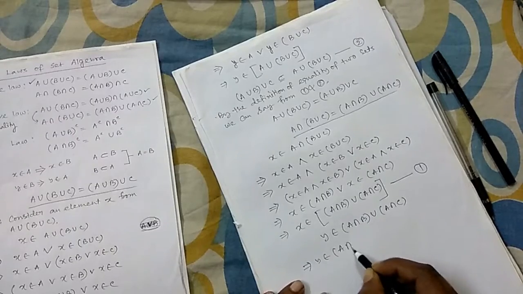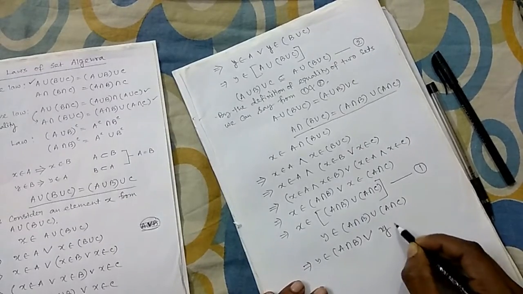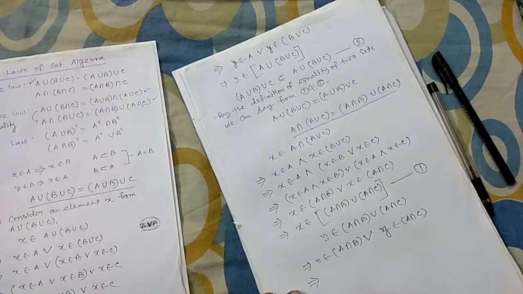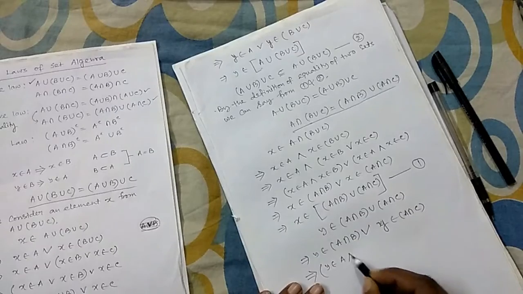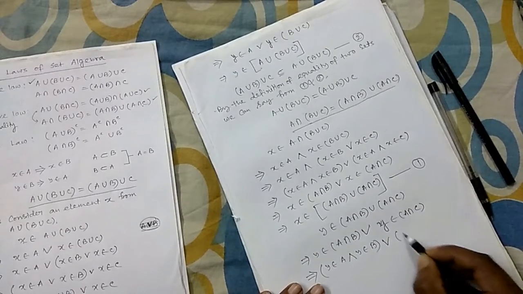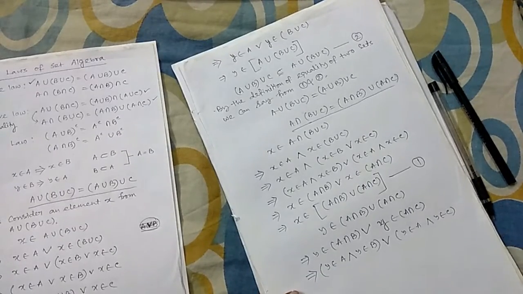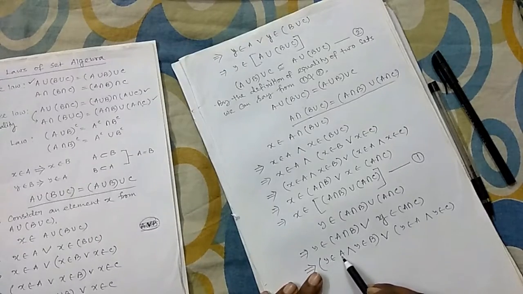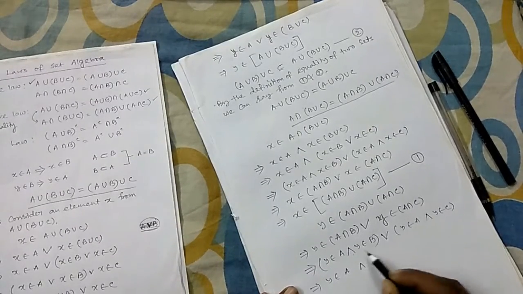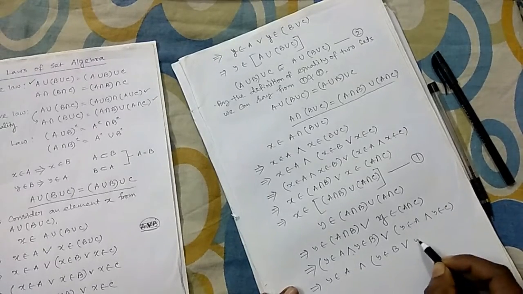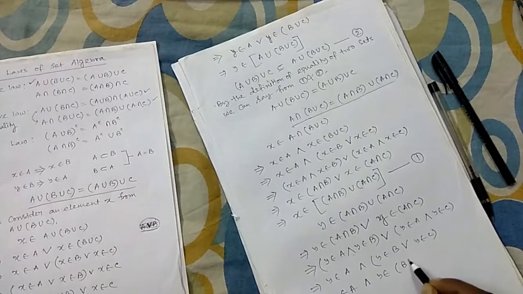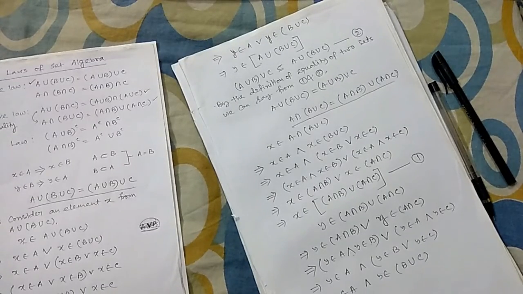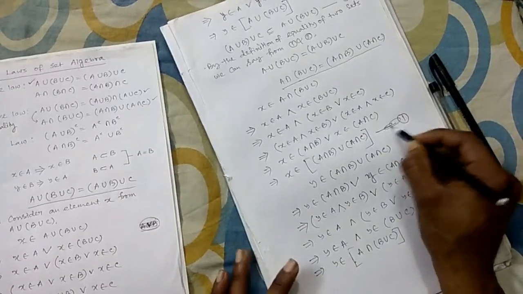Y belongs to A intersection B, or Y belongs to A intersection C. Now Y belongs to A intersection, intersection will be replaced by and, Y belongs to B, or Y belongs to A and Y belongs to C. Now we take out Y belongs to A and we are left with Y belongs to B or Y belongs to C. Y belongs to A and take out Y belongs to, left with B union C. Take out the whole Y belongs to, we are left with A intersection B union C. It's not one, sorry.